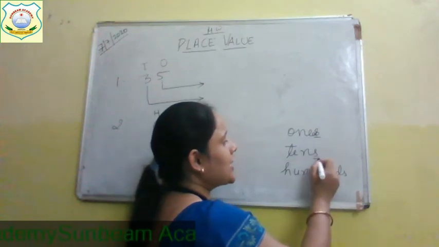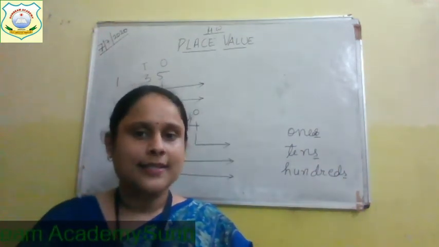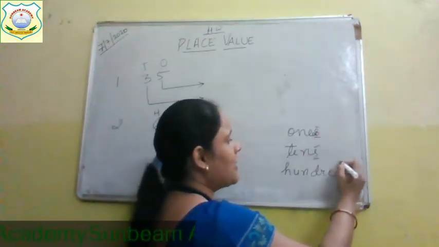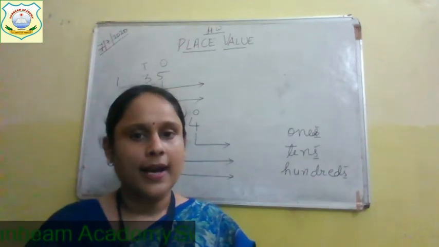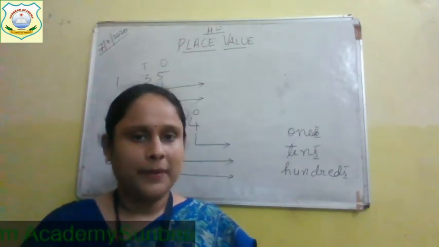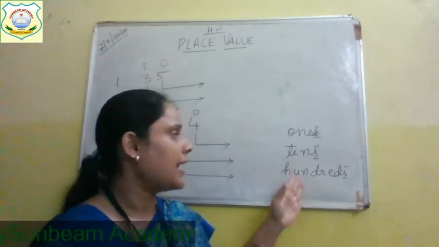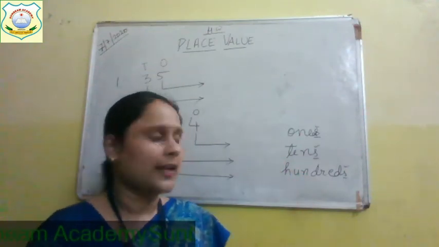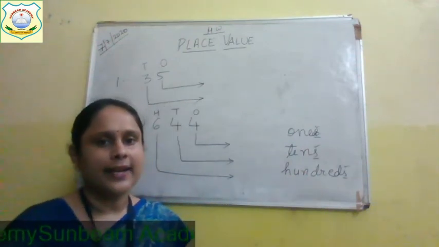Which thing is common in each and every place? Yes, the S is common in all the names of the places. So whenever we are writing 1, 10 or 100 in place value, we have to add S to it.